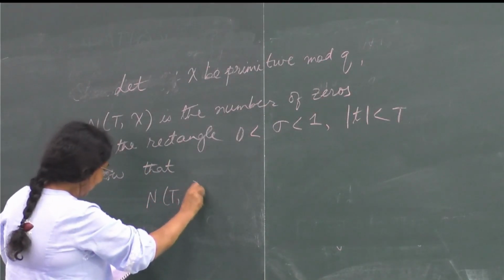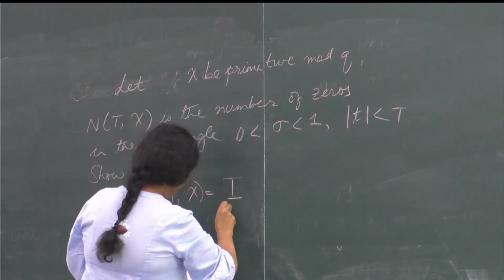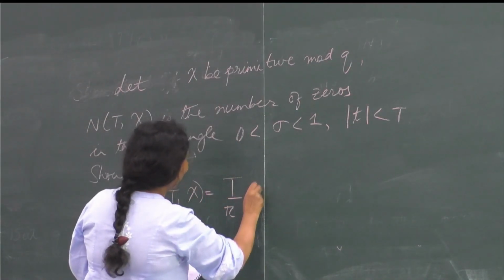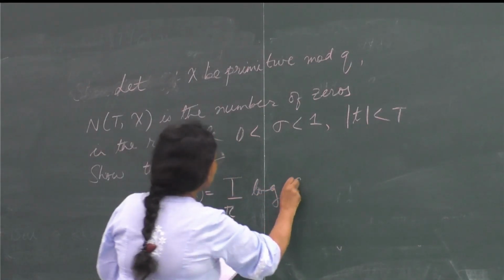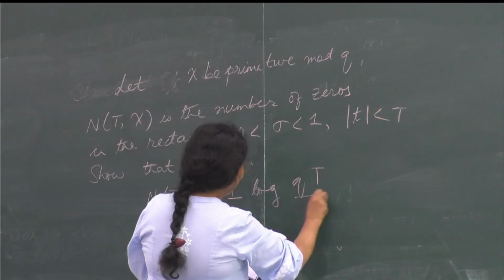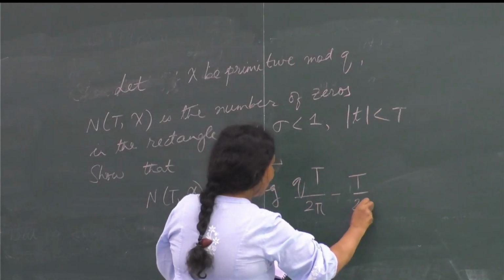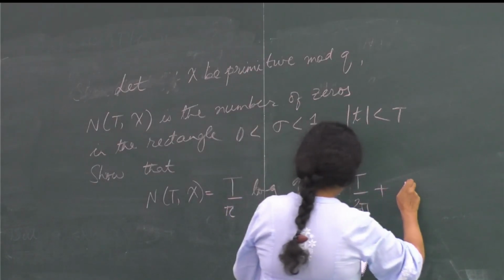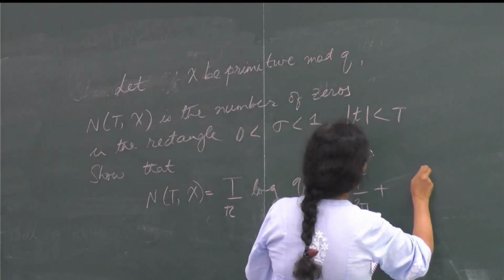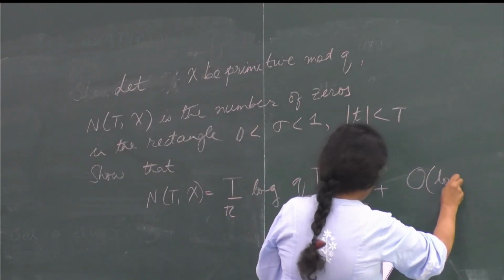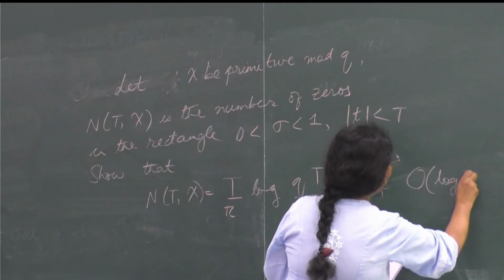N_T(chi) is equal to T by pi log(qT by 2 pi) minus T by 2 pi plus big O of log qT.